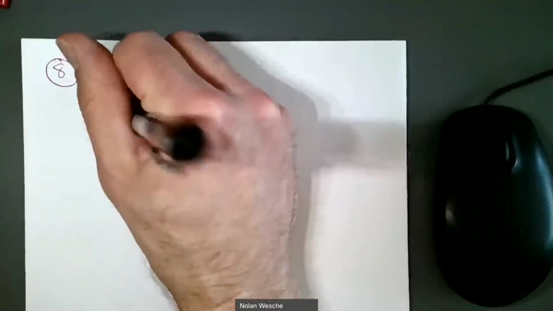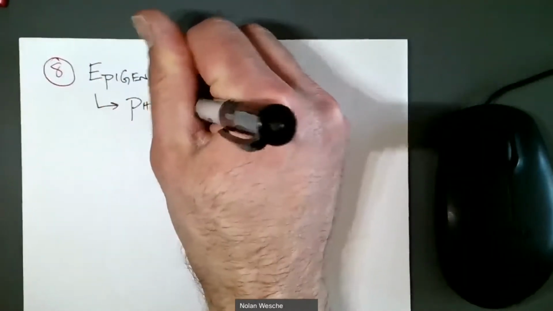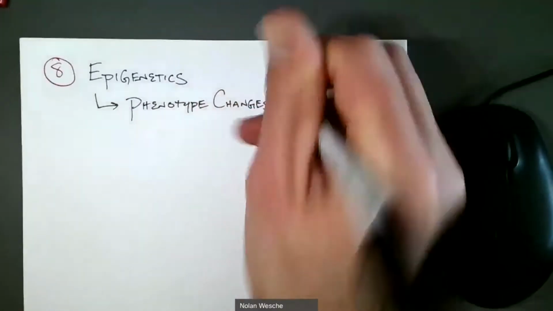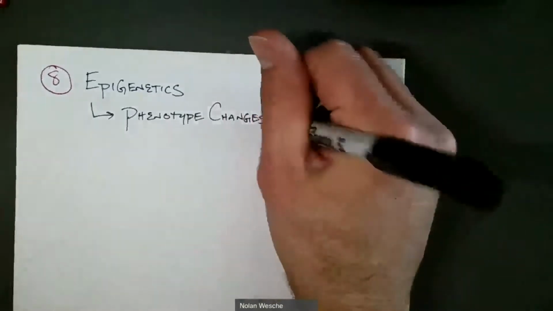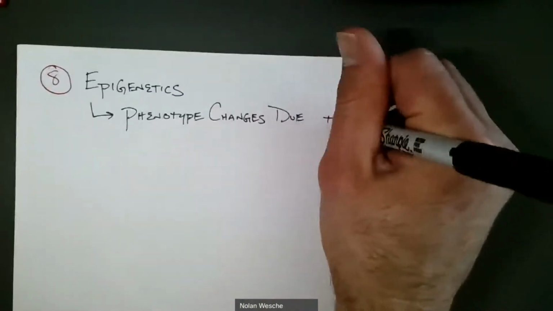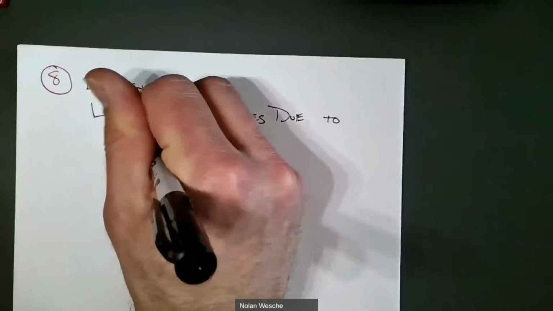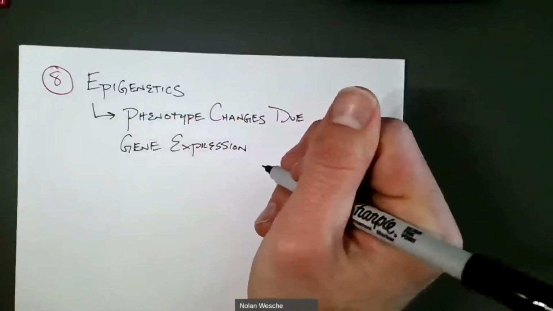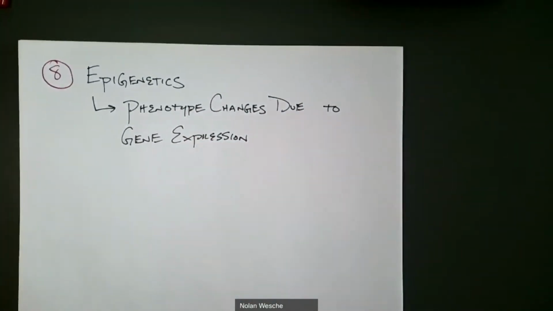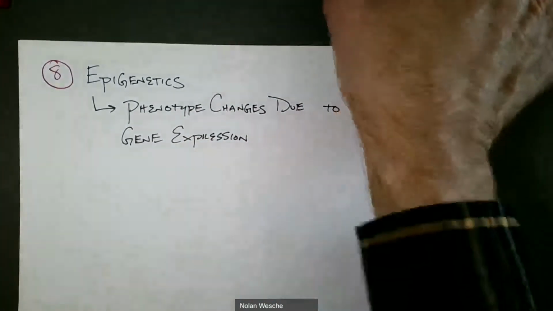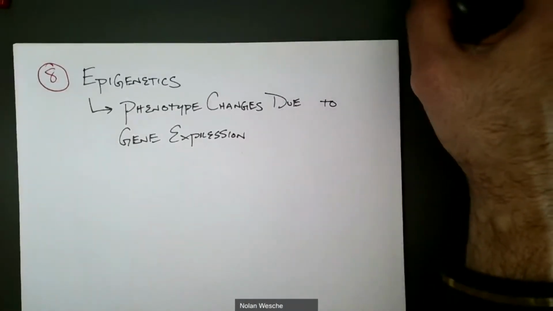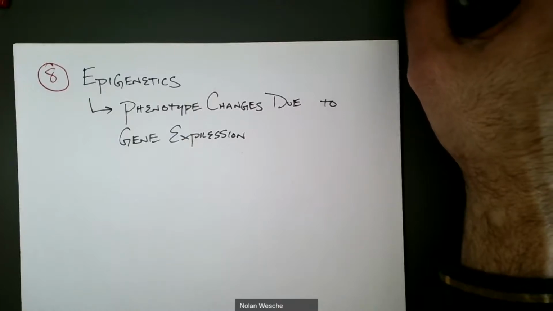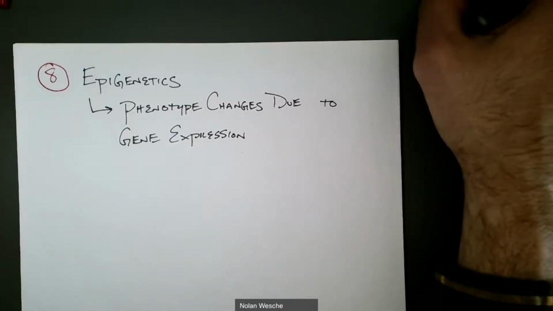These are phenotype changes due to gene expression. We're going to go ahead and describe this and look at this on a shared page, just like we've been doing. So let's go ahead and share this.